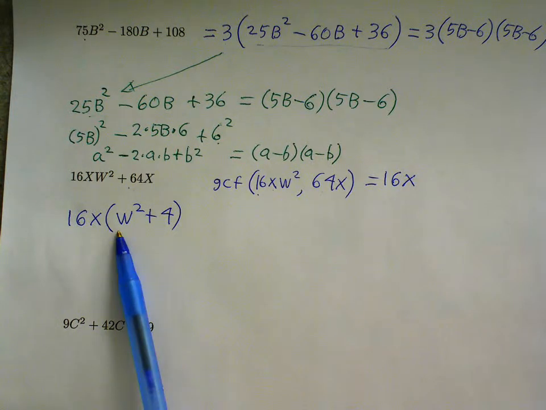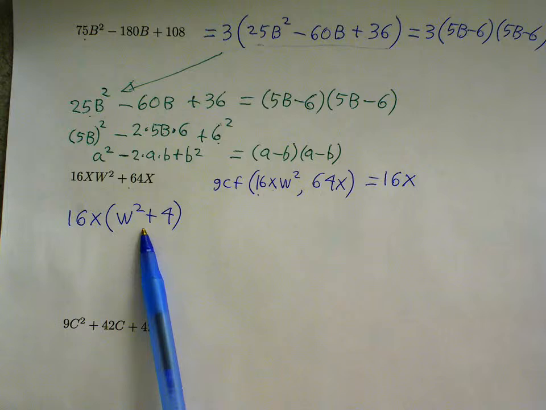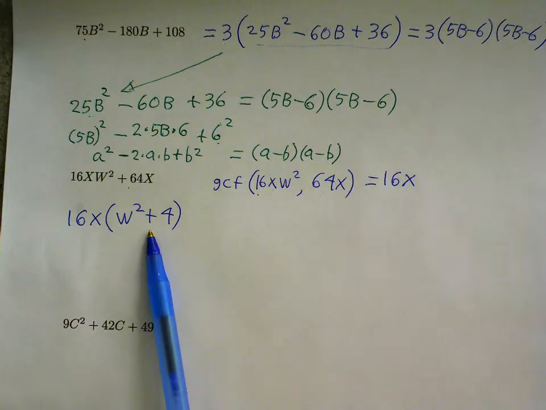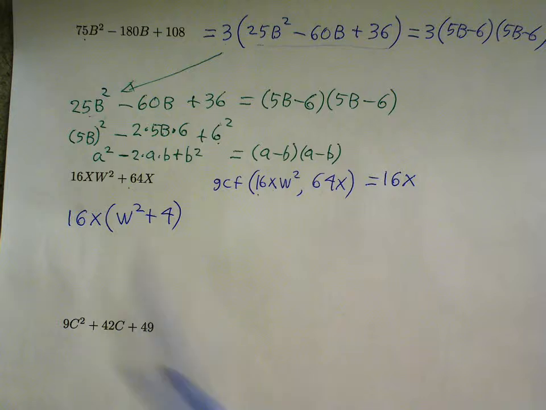So we cannot factor w to the second plus 4 with real valued coefficients. It is factorable, just not factorable with real numbers.